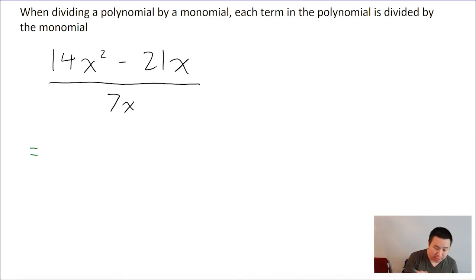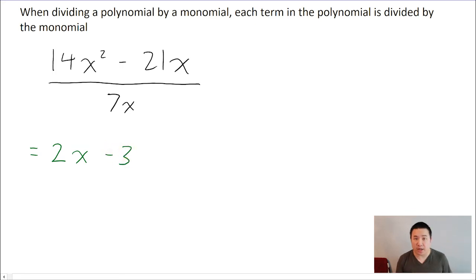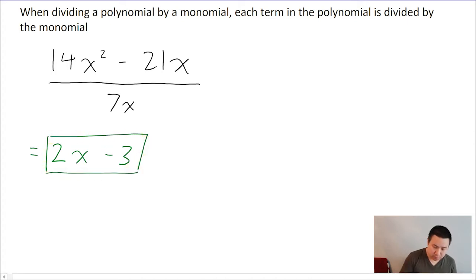So this 14x squared gets divided by 7x. 14 divided by 7 is 2. X squared divided by x is x. And then the next term, negative 21x divided by 7x. Negative 21 divided by 7 is negative 3. X divided by x is 1, so that cancels each other out, and so there's no longer a variable in this term. This is my final answer.